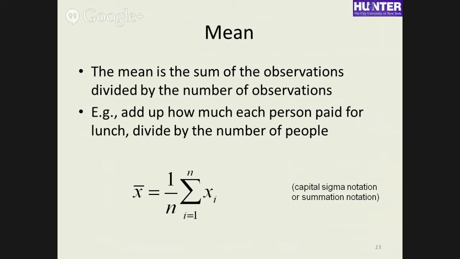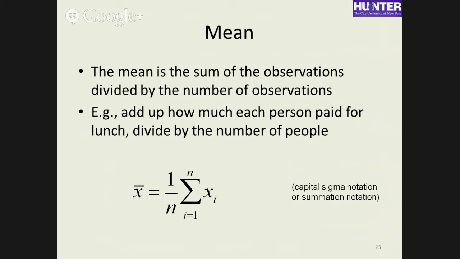And the reason is because it's a very useful and intuitive measure of where the center of a distribution is. So you go and collect a sample of 40 observations. You want to have some understanding of what's the most typical value. One way to do that is with the mean.